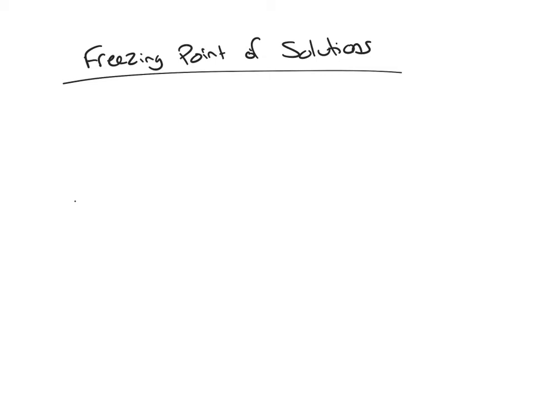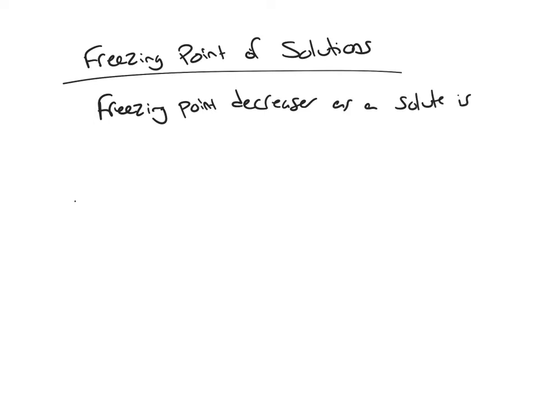When something is dissolved in water, the freezing point of that water will drop. So we can say the freezing point decreases as a solute is dissolved into the solvent.